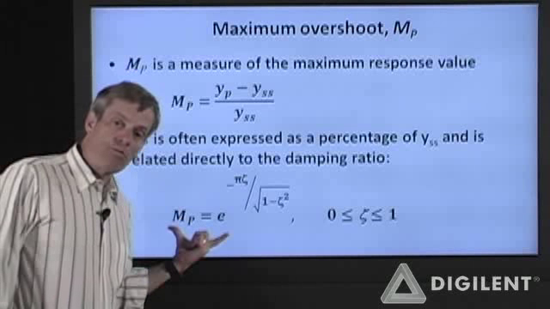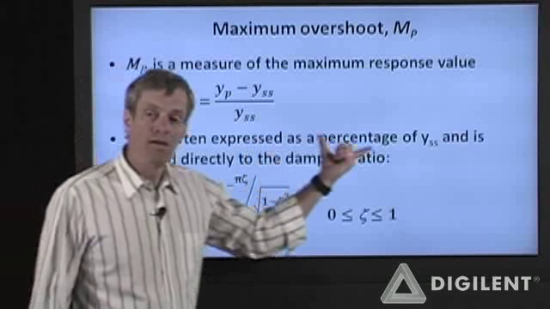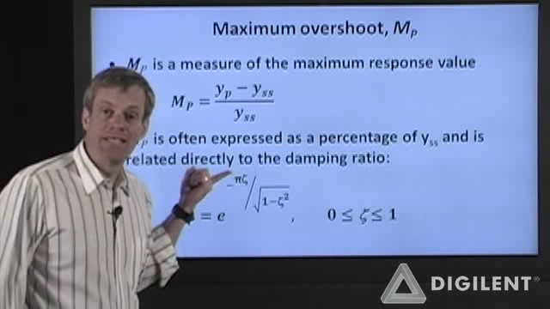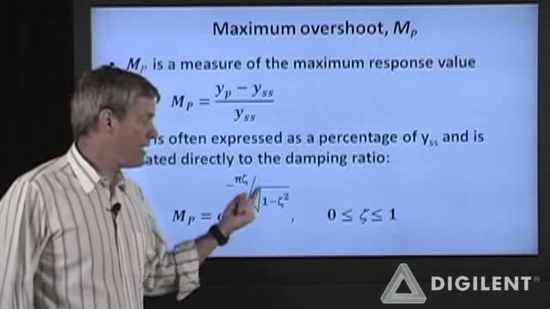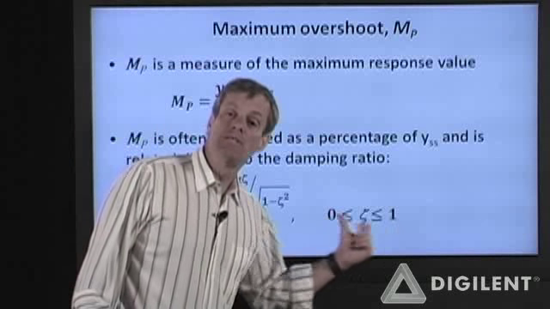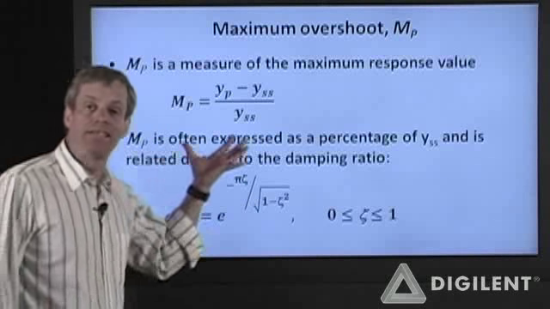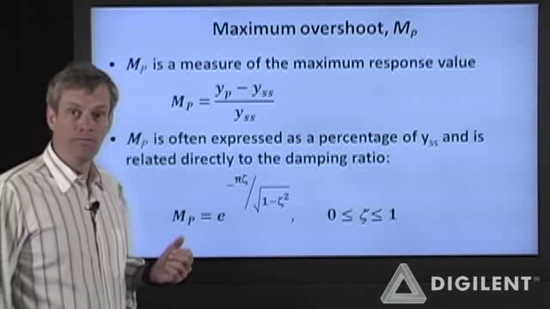Now, the peak response, or the overshoot, is related directly to the damping ratio. And in fact, M sub p is e to the minus pi zeta divided by the square root of 1 minus zeta squared, as long as the system is underdamped. Recall that I said that these discussions are relative to underdamped systems. Okay?